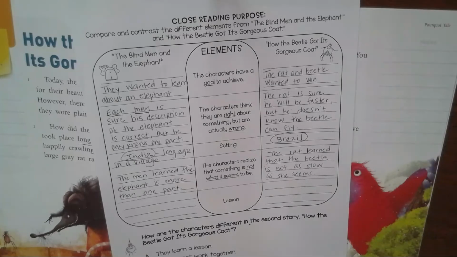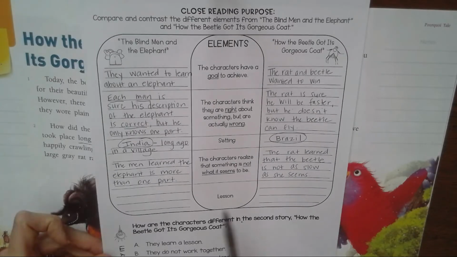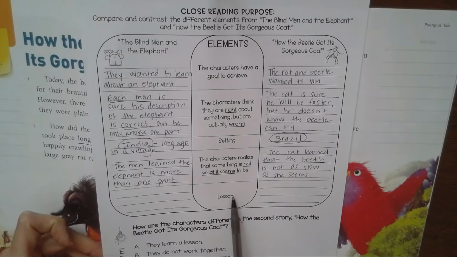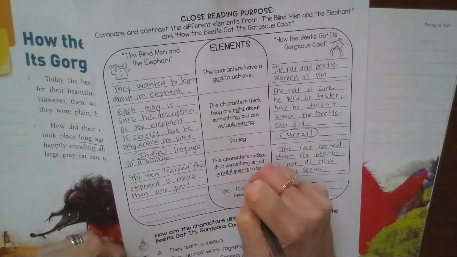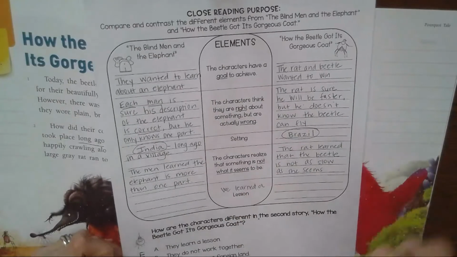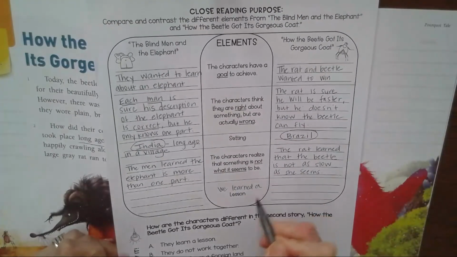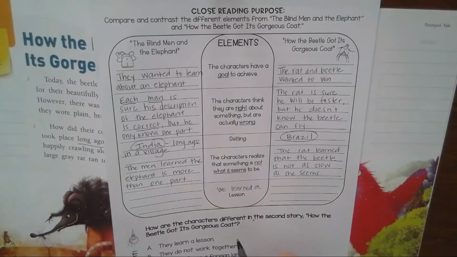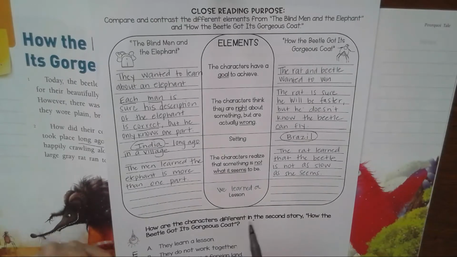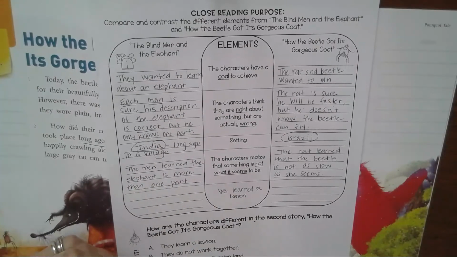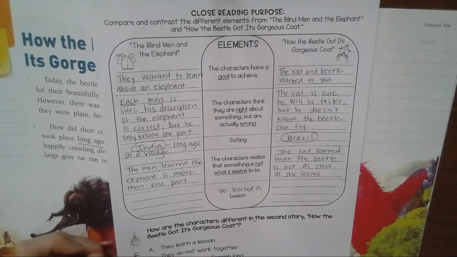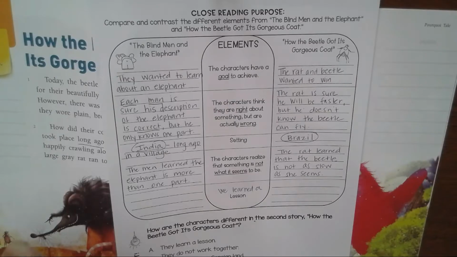All right, and another step was we learned a lesson. They each had a lesson to teach. Okay, so we all learned a lesson from these stories. And the lesson they were trying to teach us in The Blind Man and the Elephant was that if you put your ideas together with other people's ideas, you learn more and you get to see the whole picture, right?